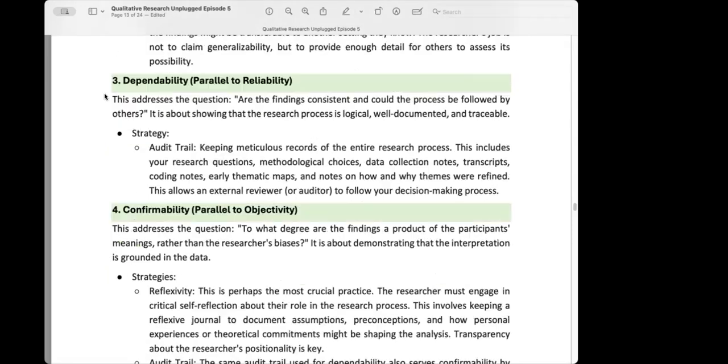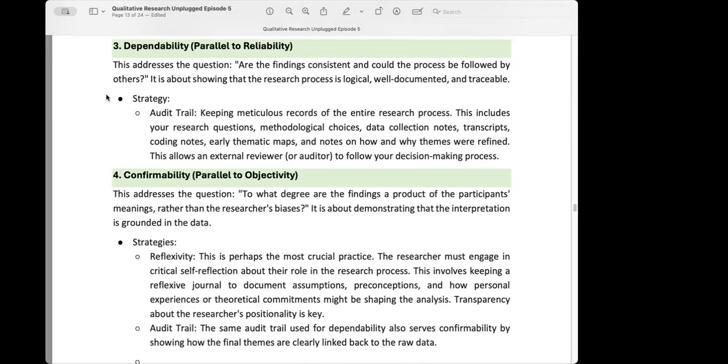The key strategy is maintaining a rigorous audit trail. This means keeping meticulous, detailed records of your entire research process from start to finish. This includes documenting your initial research questions, all your methodological choices and the rationale behind them, why TA, why inductive, etc., your data collection notes or protocols, all your raw data, like transcripts, detailed coding notes, including code definitions and how they evolved, early thematic maps or conceptual diagrams you developed, and most importantly, detailed notes or memos documenting how and why codes were developed, clustered into themes, and how those themes were refined, changed, or discarded over time based on your analysis.